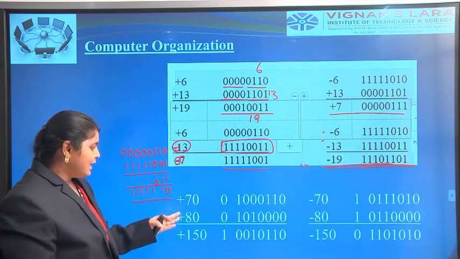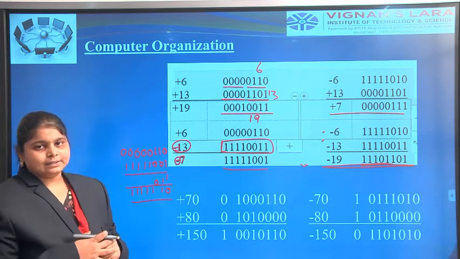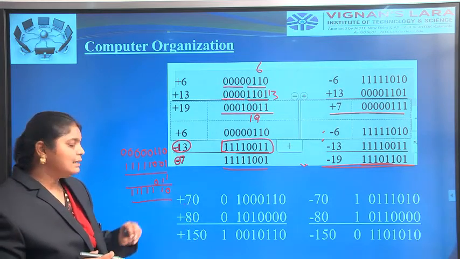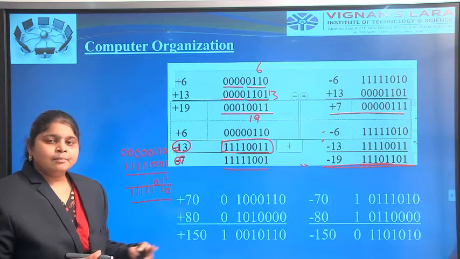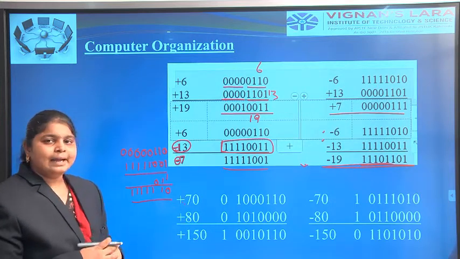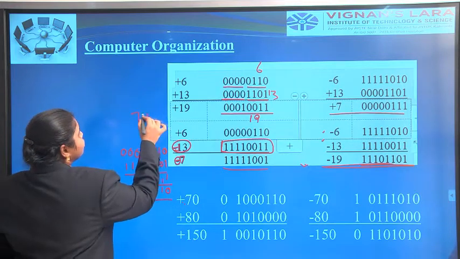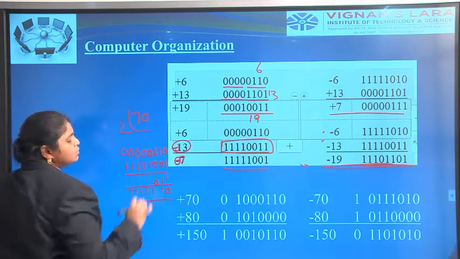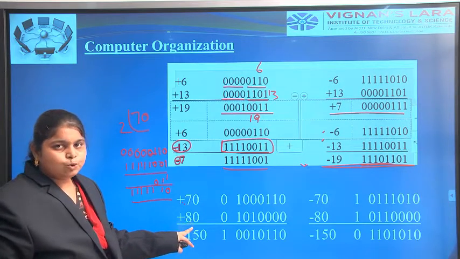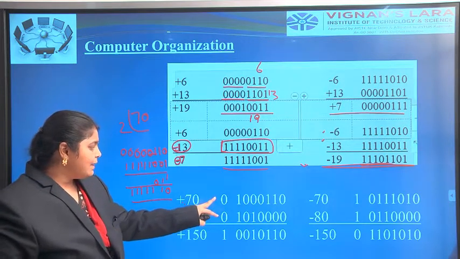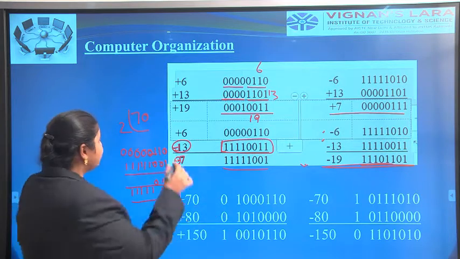Likewise, plus 70 and plus 80. For example, take the decimal number 70. How do we convert the decimal number 70? We have to divide it by 2, and 80 is also divided by 2. The whole calculation can be done using these.